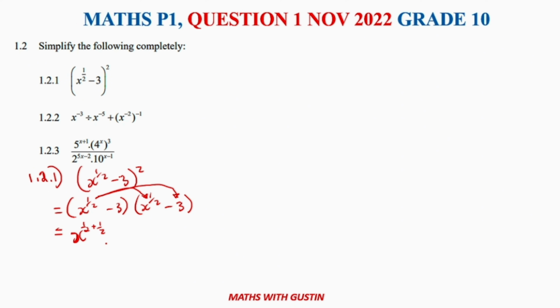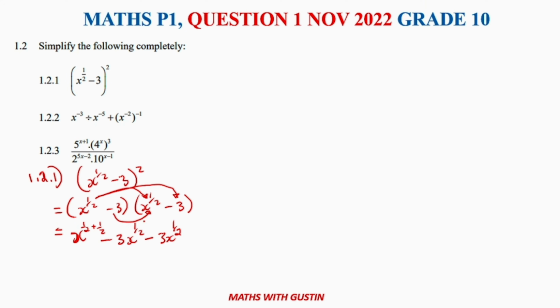Therefore you're going to have minus 3 times x to the power of half, when you multiply x to the half by negative 3. Same thing applies here: negative 3 times x to the power of half gives us negative 3 times x to the power of half. Where am I, guys? I'm here.